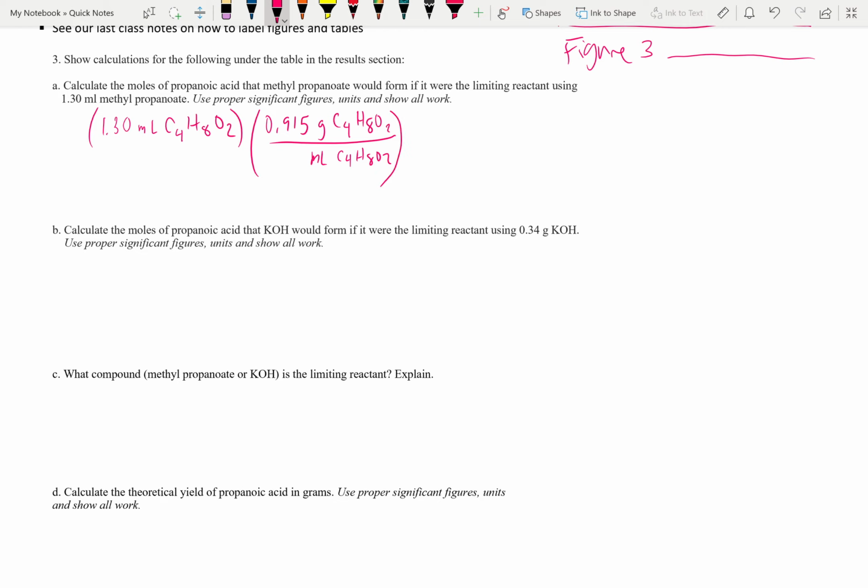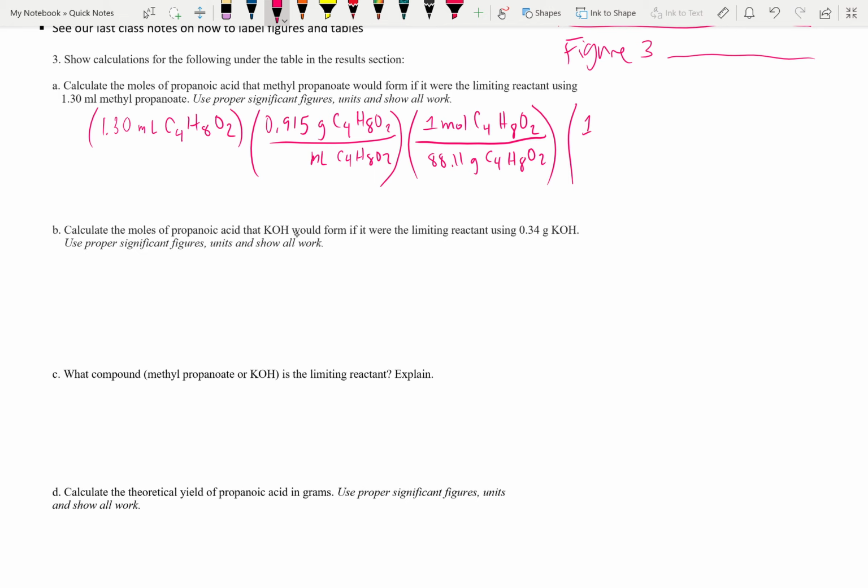So then we multiply that by the molecular weight of methylpropionate. So we have 1 mole of C4H8O2 divided by 88.11 grams of C4H8O2. Then we will multiply these by the moles. If you look up the chemical equation, it is already balanced for us. So we have a 1-to-1 ratio.